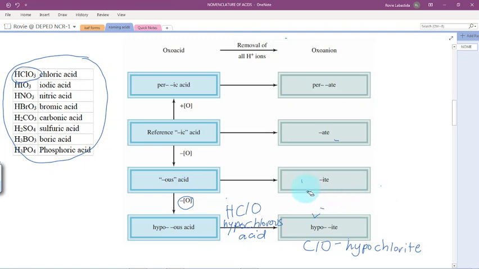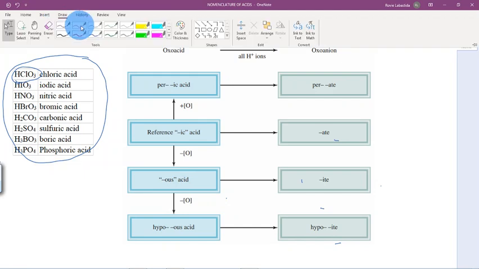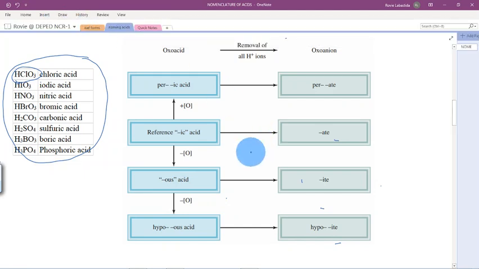So let's say I have the -ic acid, nitric acid. Let me just annotate again. This time let's have another example. Let's use HNO3.